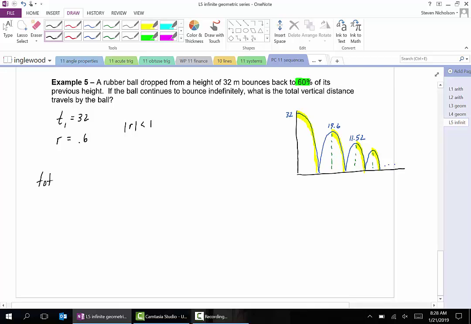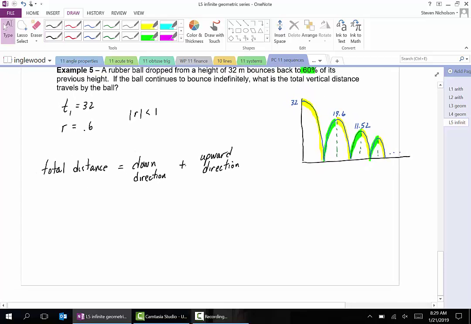So we have this. Our total distance has two parts to it. It's the down part, so I'll call it the down direction. But there's also this part to it. Then the ball starts going up. So there's also the upward direction. And we have to figure out these two parts.